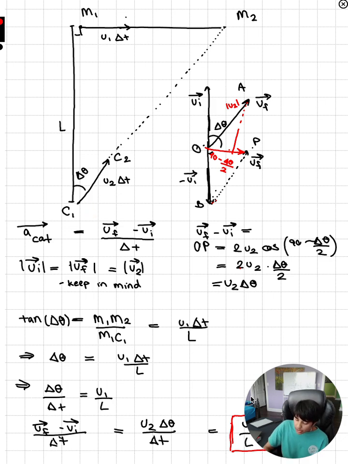So that means we get del theta equals u1 del t over L, or del theta over del t equals u1 over L. Now we can plug this back into our original expression, which gives us that uf minus ui over del t is the same as u2 times del theta over del t, which is the same as u2 times u1 over L, which is our final answer.